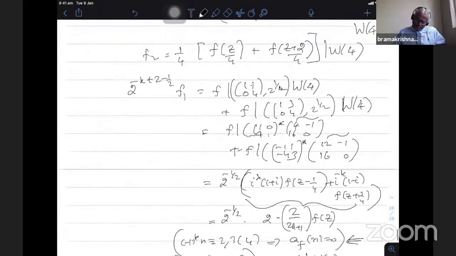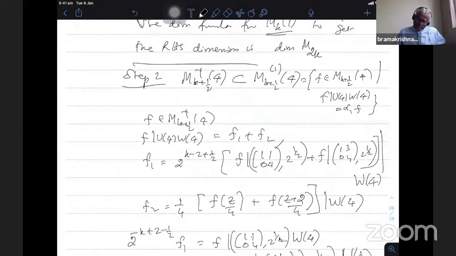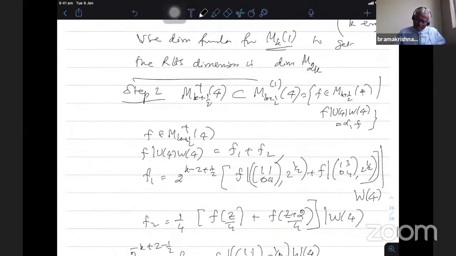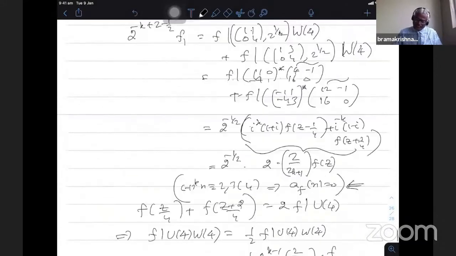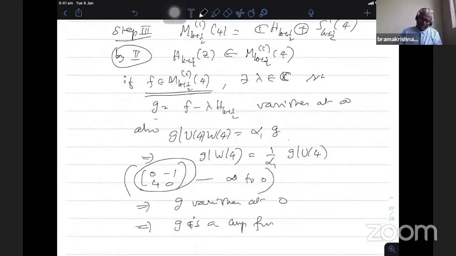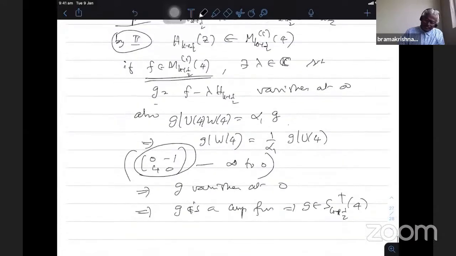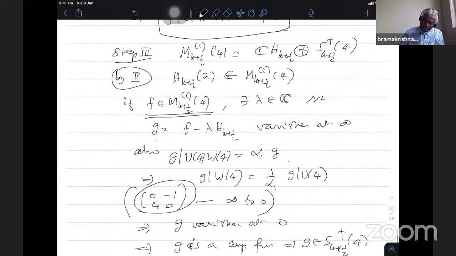The other way it is not true, no? Yes, the plus space is also contained in that. So the alpha 1 eigenspace contains the plus space also. Therefore, G is also a plus space form. Therefore, since G is in the alpha 1 eigenspace, and the alpha 1 eigenspace contains the plus space, this implies G belongs to S_{k+1/2}^+(4).